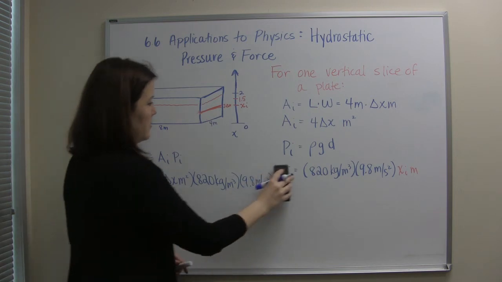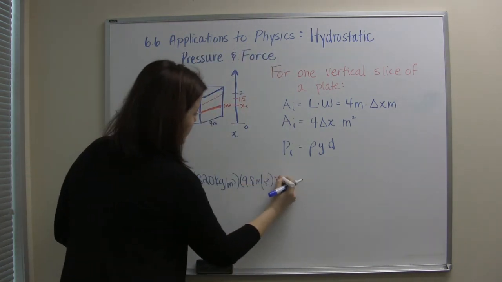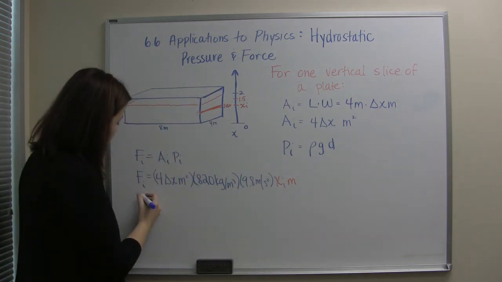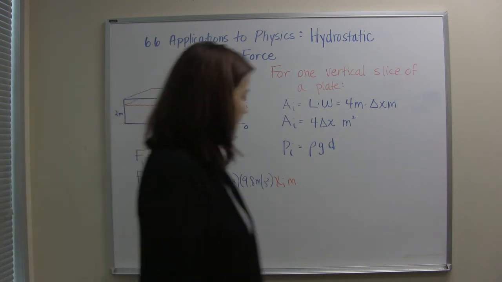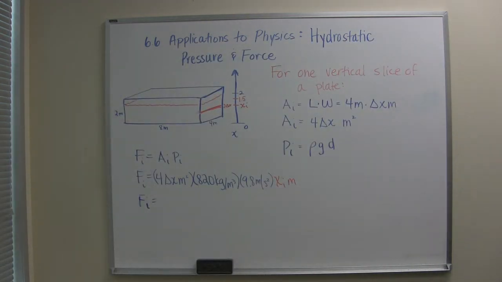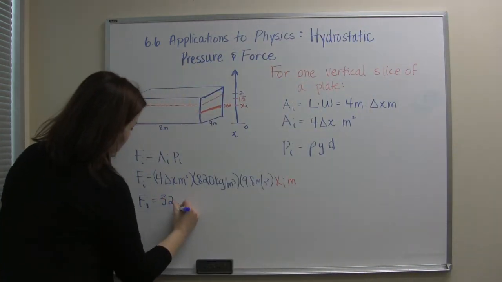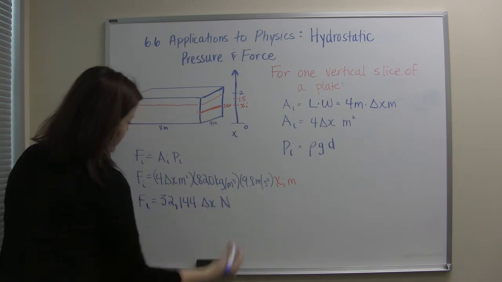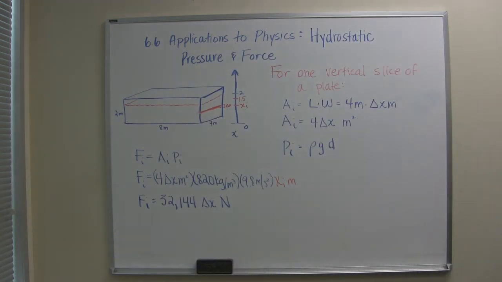I'm running out of room, so I'm going to erase this really quick because I'm going to put the xi meters here. Now if I remove my units for ease of operation and multiply together my constants, can I do that in my head? I don't think so. I will get 32,144 delta x newtons, working just on that individual slice of a plate.